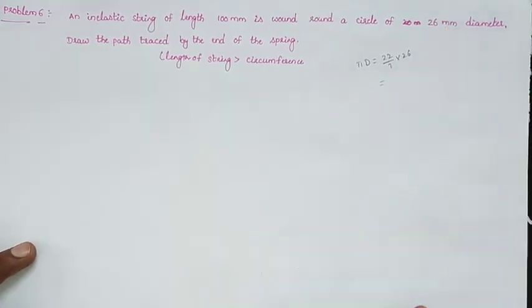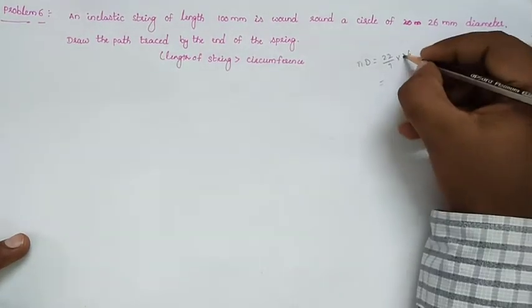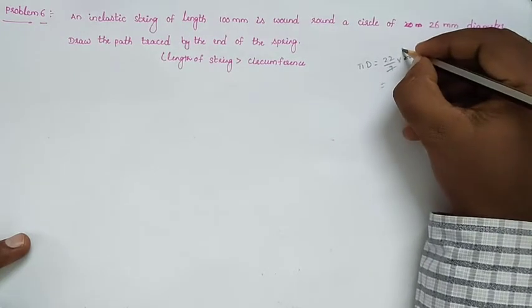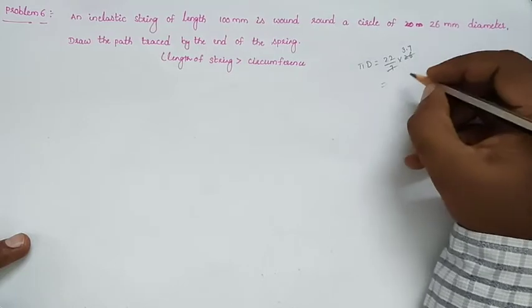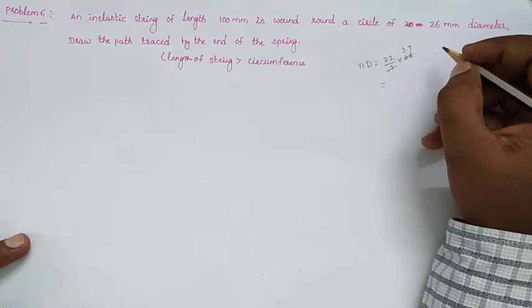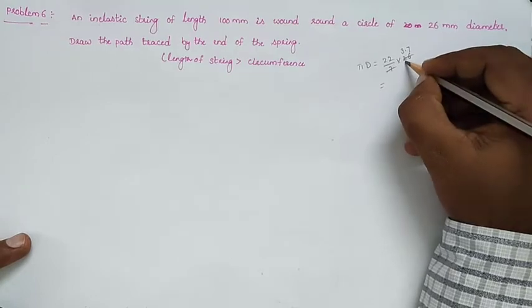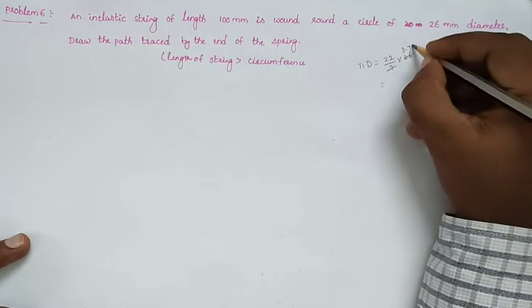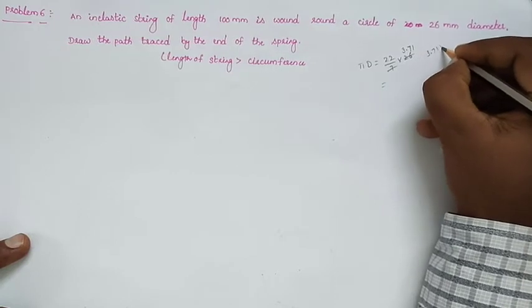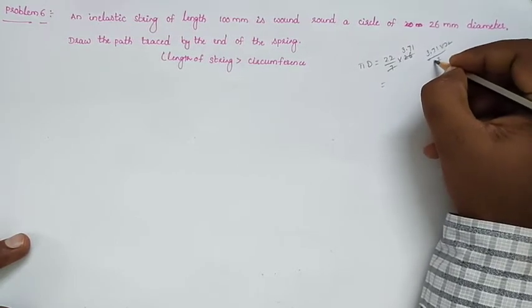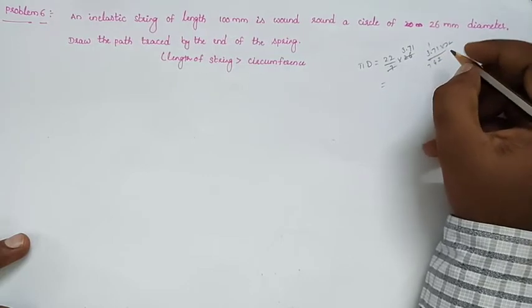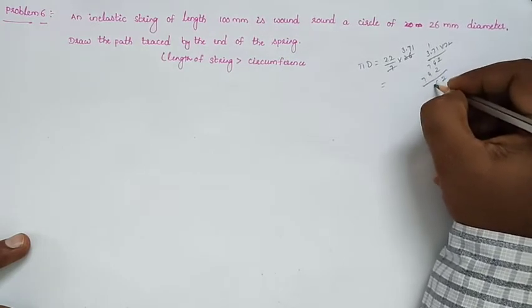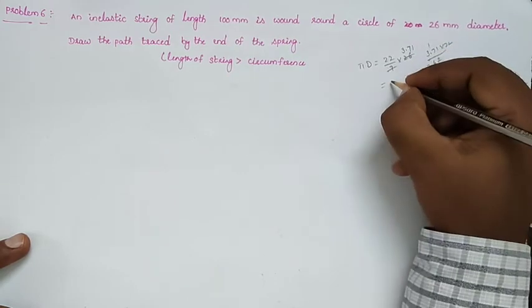So how much will we get? 22 by 7 into 26, we will get around 82 mm.